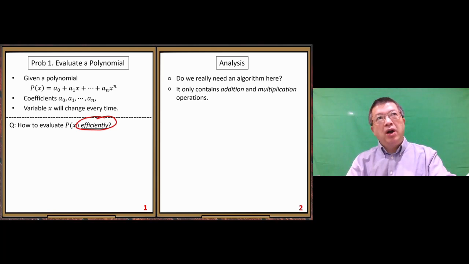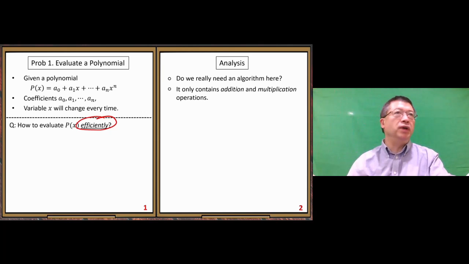To evaluate a polynomial, we only need to do two types of operations, addition and multiplication. So we know it's very easy to do those operations. We can easily write a computer program to do it.